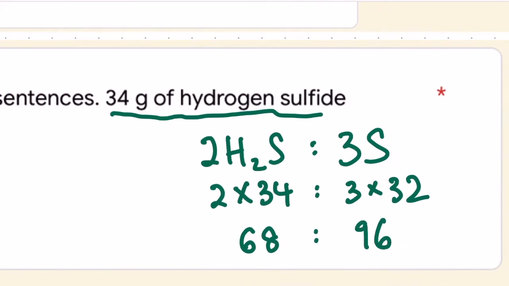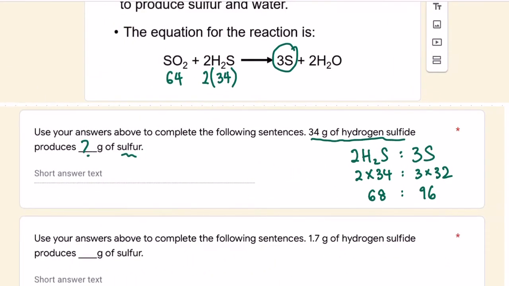So let's go back to our question. So are you getting it the same, exactly the same? 68, 34? No, right? So this 34 you need to put underneath the hydrogen sulfide column.